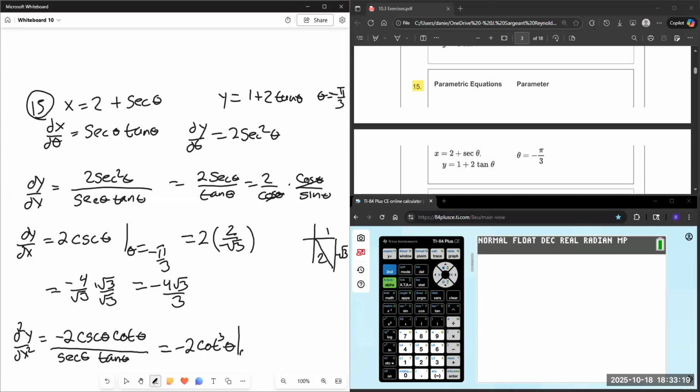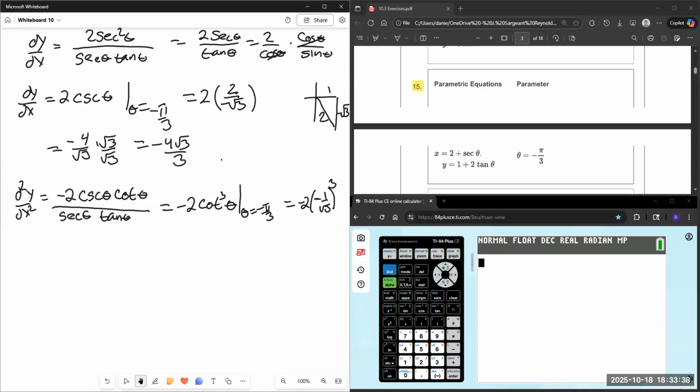And we'll evaluate that when theta is equal to negative pi over 3. So this is a negative 2 times, and then cotangent is adjacent over opposite, so negative 1 over root 3, to the third. d2y/dx2 at theta equal to negative pi over 3 is a negative 2 times a negative 1 over 3 root 3.